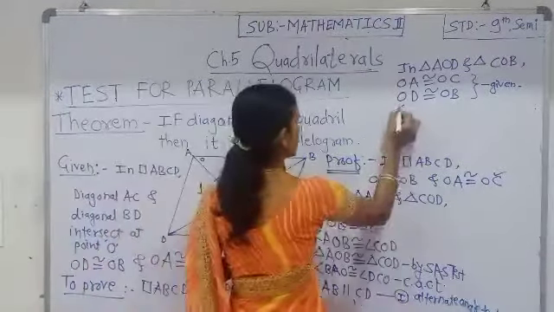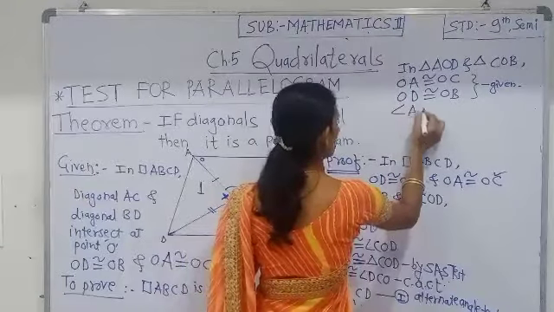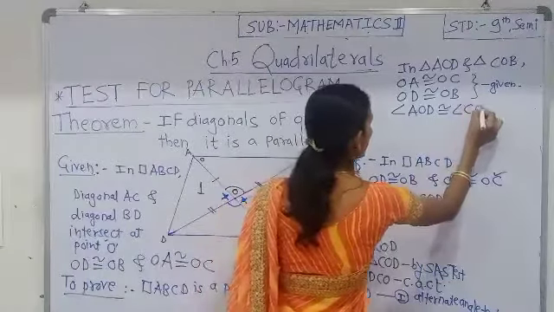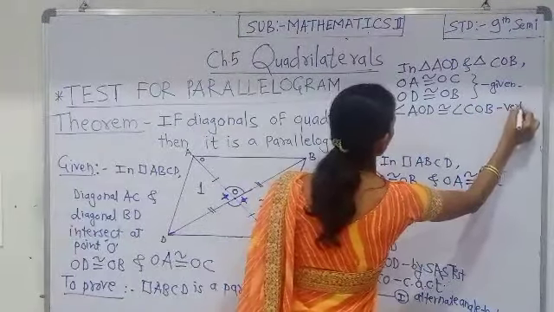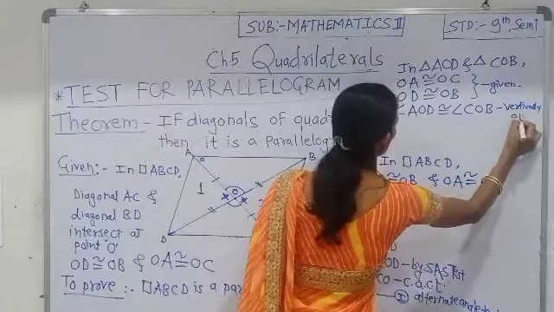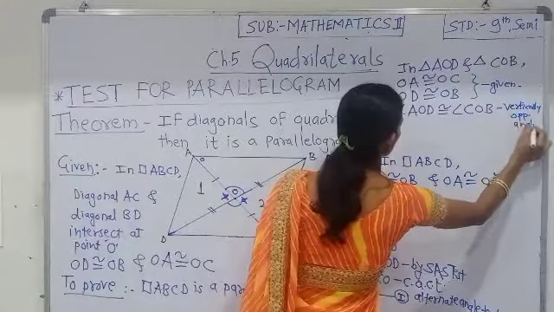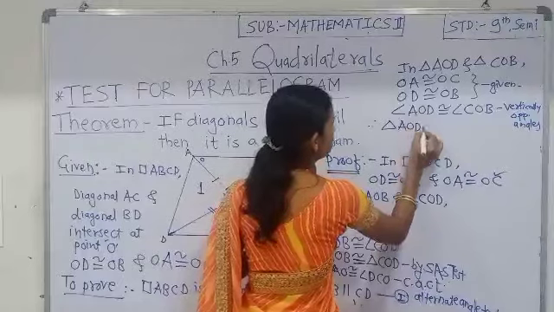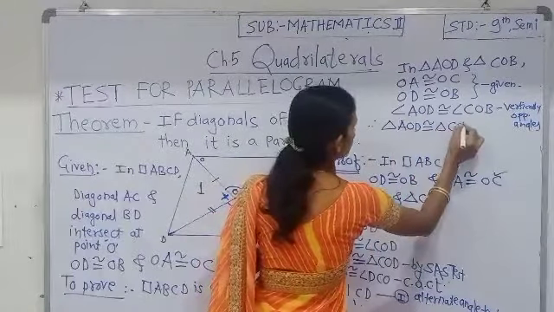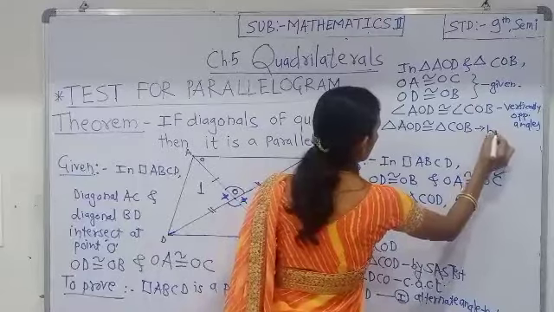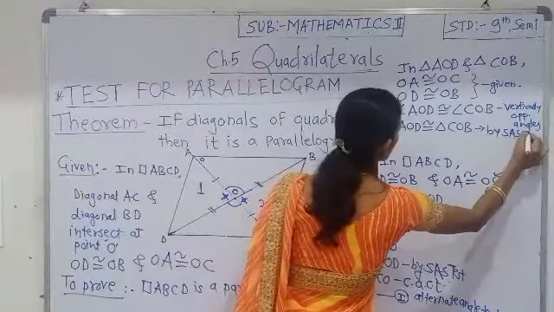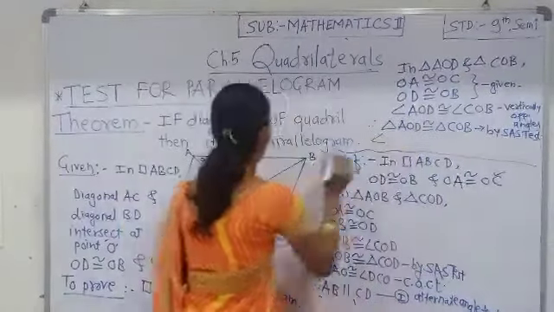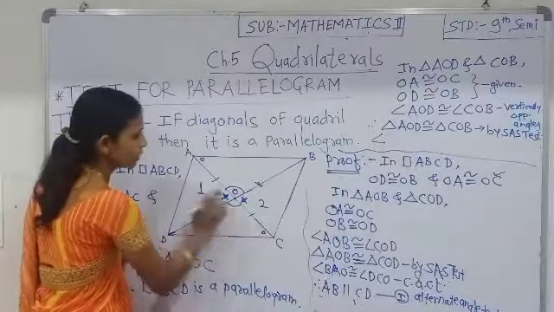Therefore angle AOD is congruent to angle COB. Therefore triangle AOD is congruent to triangle COB by the SAS test.